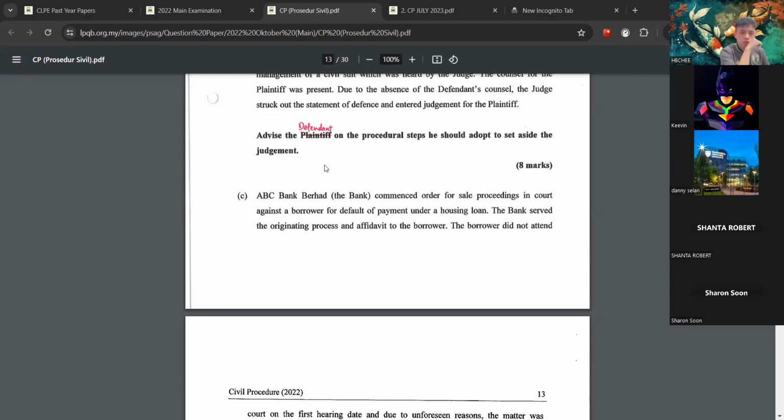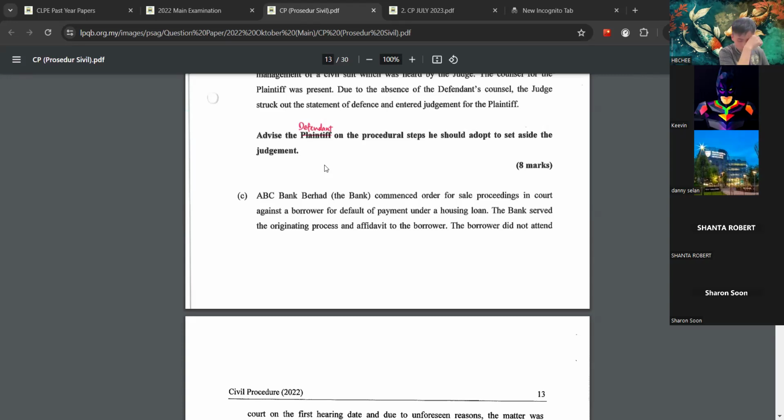Yes, pre-trial case management is correct. So your answer is wholly based on Order 34. The relevant ones will be Rule 2, Rule 3, Rule 6.